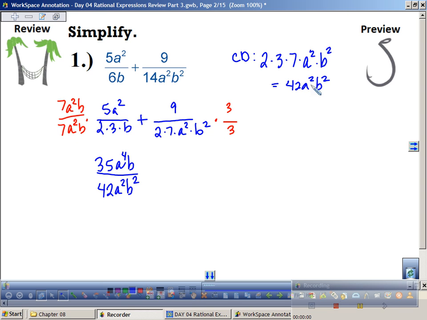Don't look at this, because now you can compare them and say, yep, I'm right. I did everything right. Make sense? Okay. So on this side, I have 9 times 3 is 27. 3 times 2 is 6. 6 times 7 is 42. A squared, b squared. Everybody matches now, right?